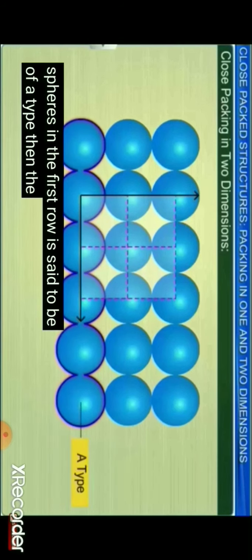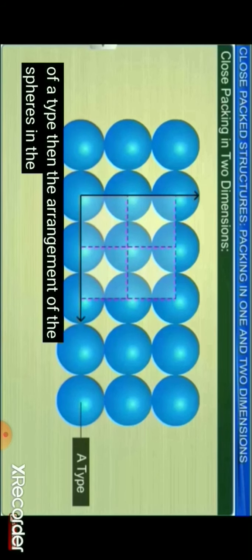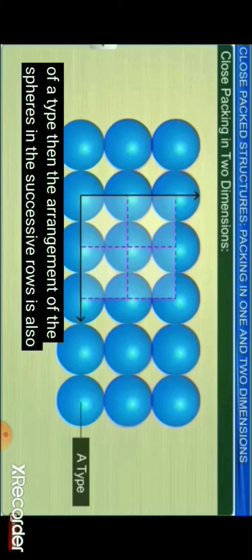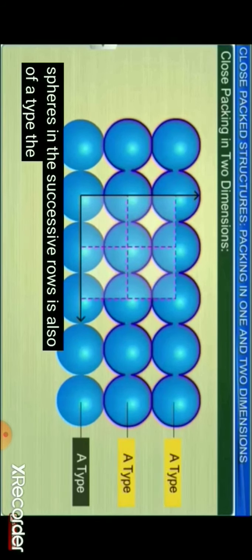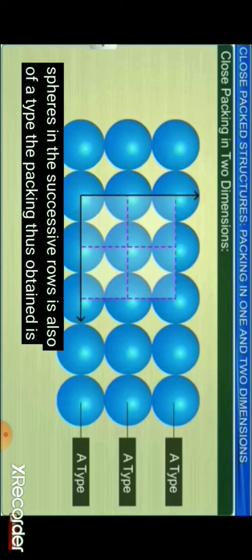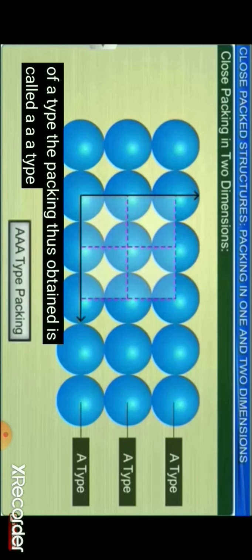If the arrangement of the spheres in the first row is said to be A-type, then the arrangement of the spheres in the successive rows is also of A-type. The packing thus obtained is called AAA type packing. You can also see that each sphere is in contact with 4 other spheres, 2 on either side, 1 above and 1 below.